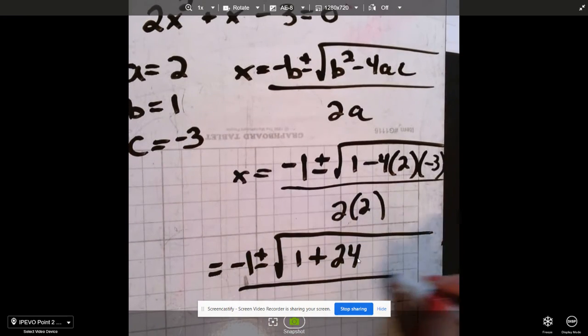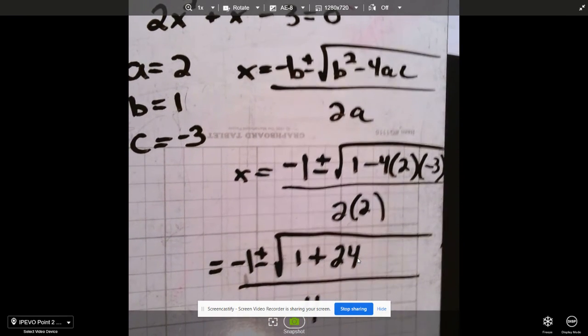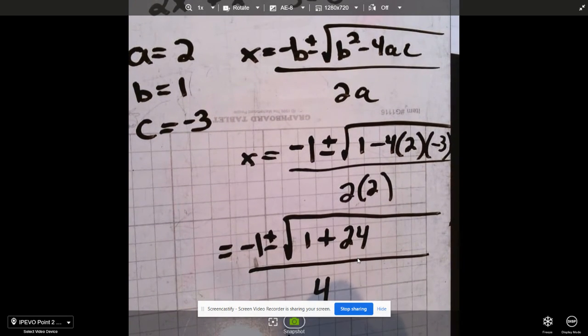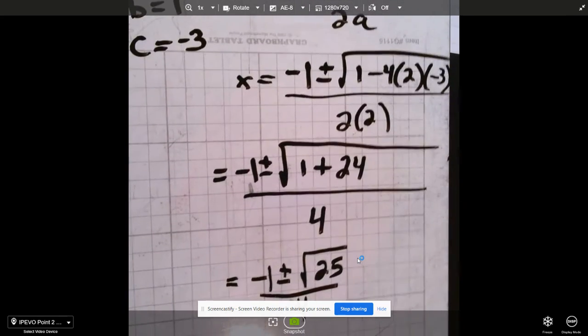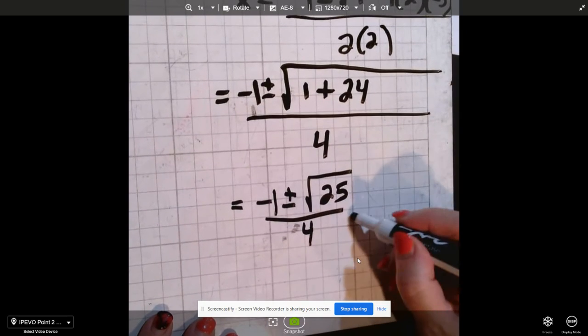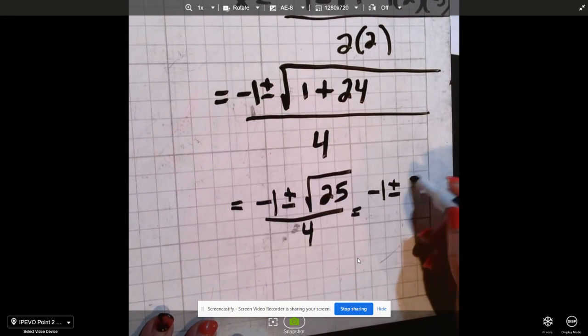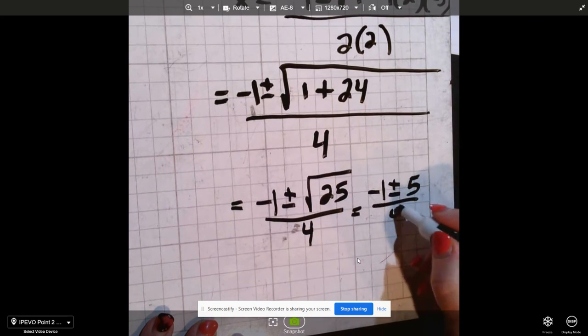And that's going to be all divided by 2 times 2, which is 4. So now I'm going to say minus 1 plus or minus the square root of 25 all over 4. This will be minus 1 plus or minus, well, the square root of 25 is 5, all over 4.